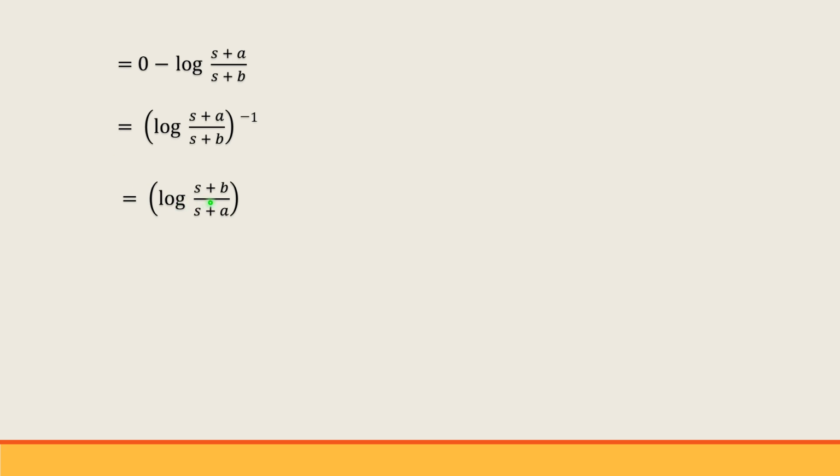So the Laplace transform of the function (e raised to the power minus at minus e raised to the power minus bt) by t is log of (s plus b) by (s plus a).